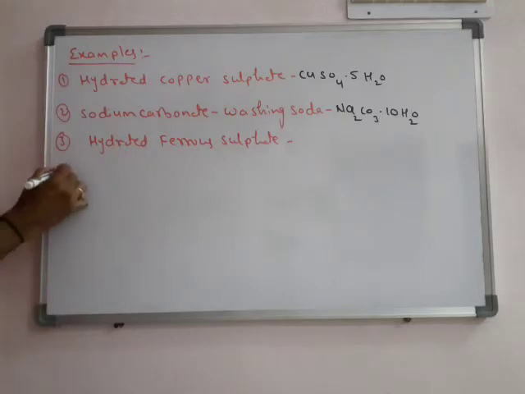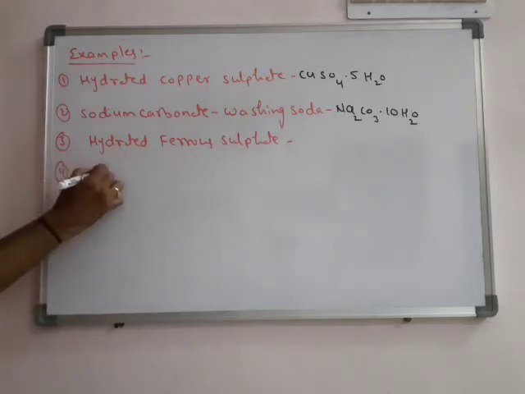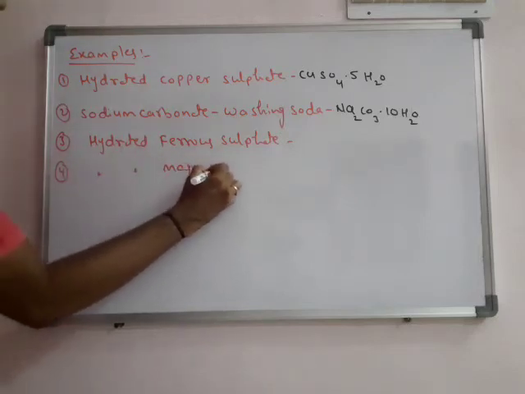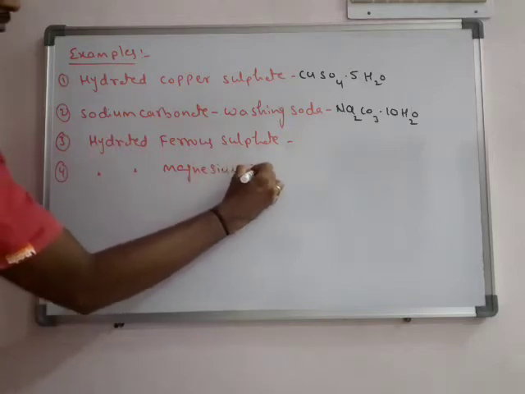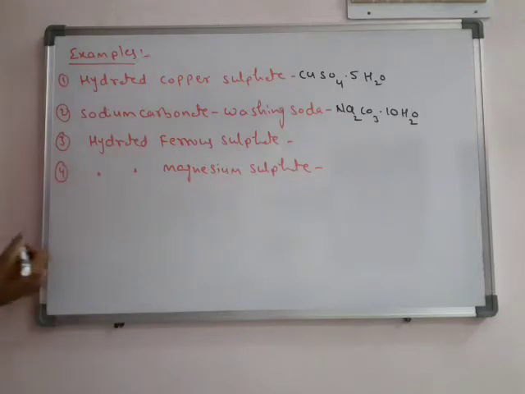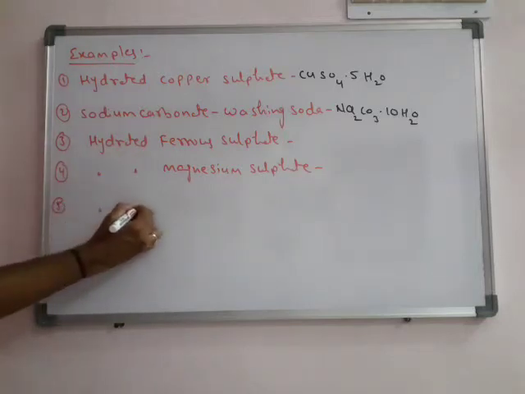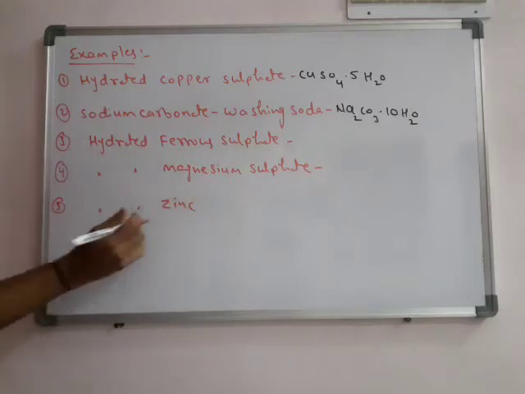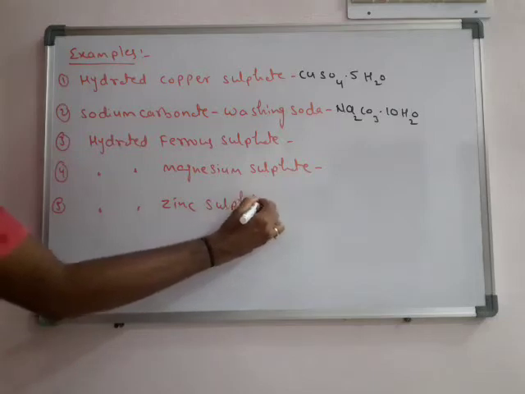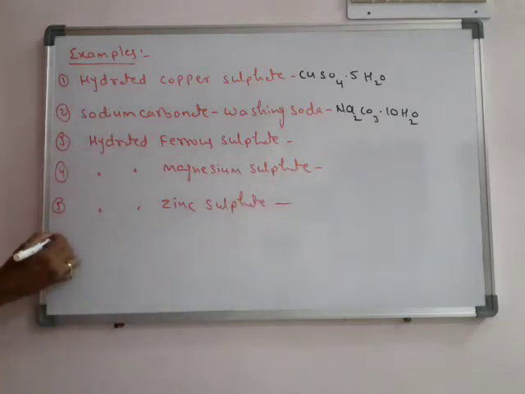Okay, next one more is there, the magnesium sulfate, hydrated. We have to remember these formulas. So next one more is zinc sulfate. They are always present in the form of hydrated only. So zinc sulfate is one more example.